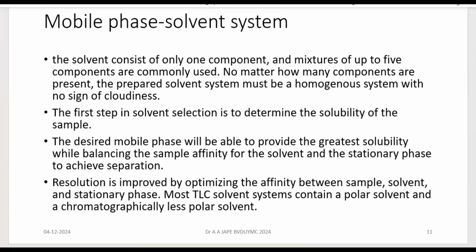And of course, other various solvents like alcohols, acids, or maybe ketones, esters, amines, phenols, or even hydrocarbons. They are used in specific proportions, and the suitable solvent system is prepared that would give us better resolution of the sample components. The resolution should be satisfactory.